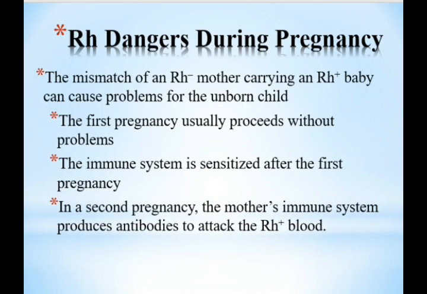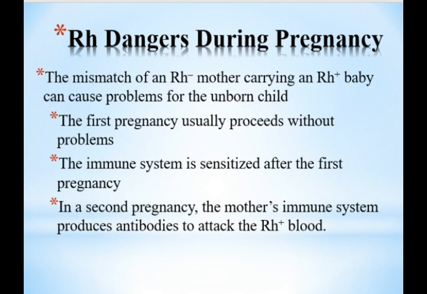Okay, so the danger for rhesus types will be during pregnancy, where the mother and baby have differing Rh types. For a mother who is Rh minus carrying an Rh plus baby, it can actually cause problems. The mother's body would regard the baby's body as an intruder, so the white blood cells would attack the baby's body.